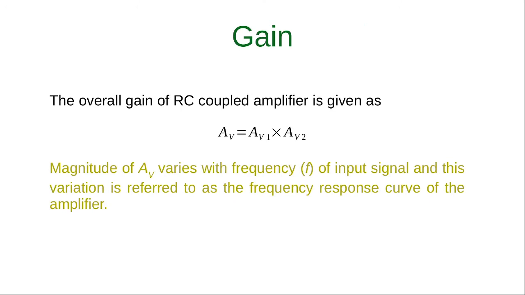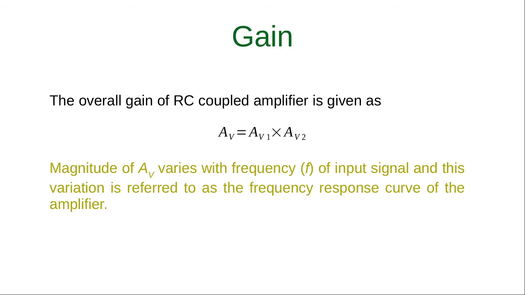Gain of amplifier. The overall voltage gain of the amplifier is increased and is given by AV equal to AV1 multiplied by AV2, where AV1 and AV2 represent the voltage gain of the first and second stage respectively.